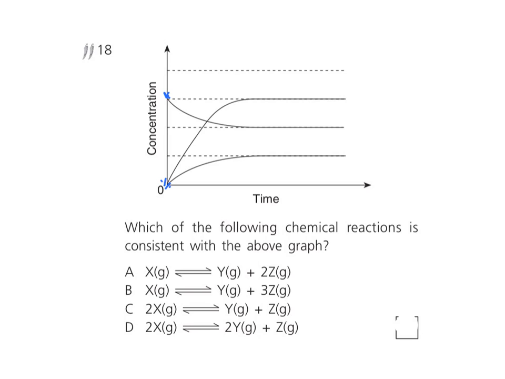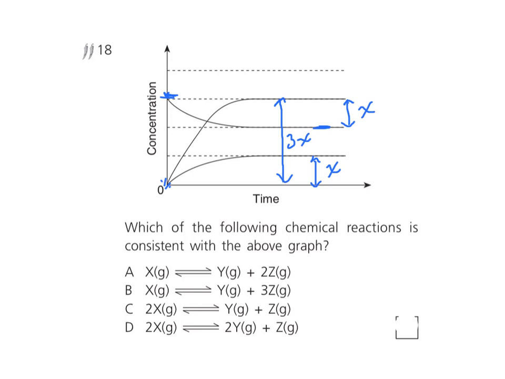If we consider the reactant, it started here and it reached equilibrium here, so it changed by this amount. Let's call that X. If we look at the two products, we know that they both started at 0. One of them increased to here, which is the same amount, so we'll call that X also, while the other one increased like this, and that looks to be 3 times as much, so 3X.